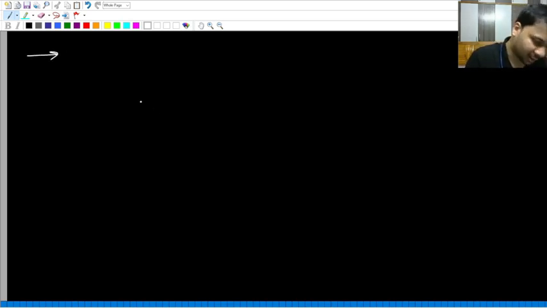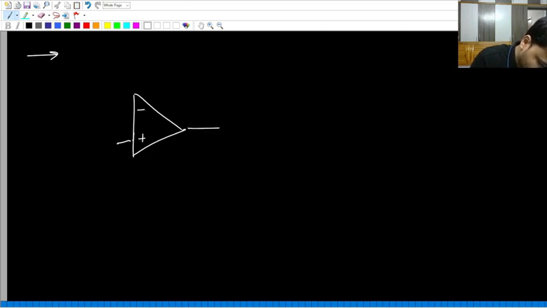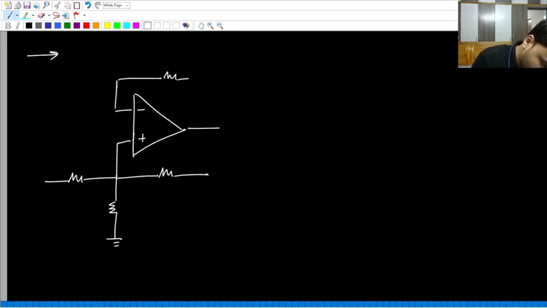Let us look at our first circuit. All of you please note down this circuit.